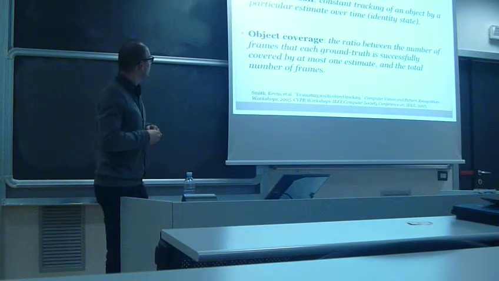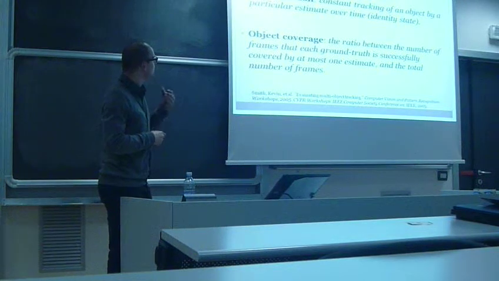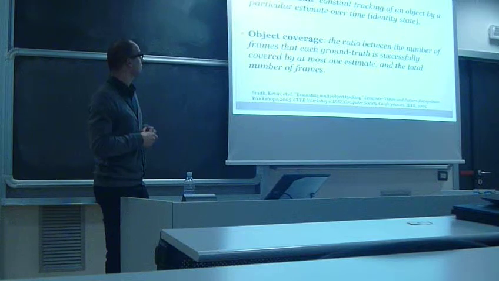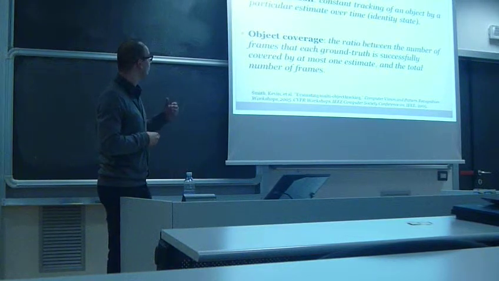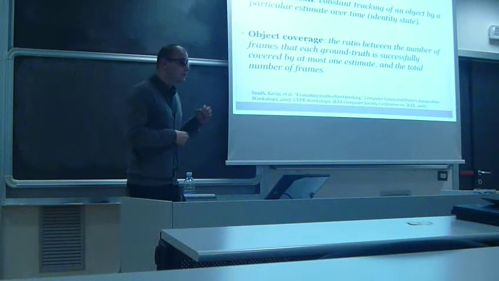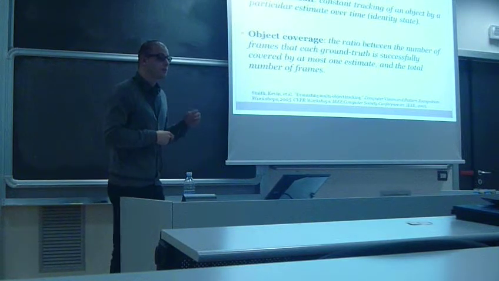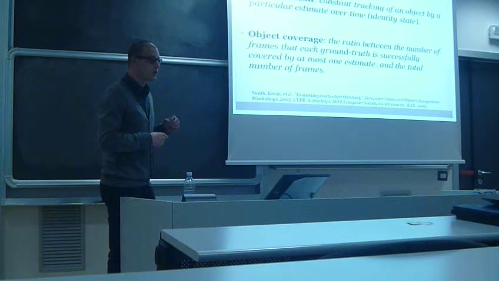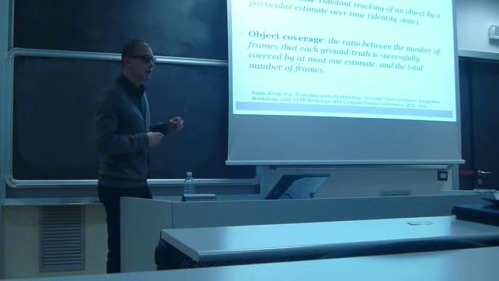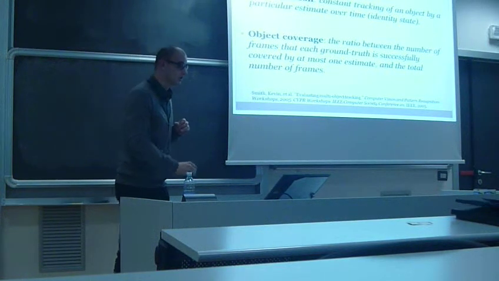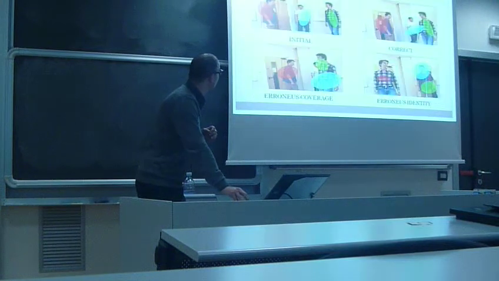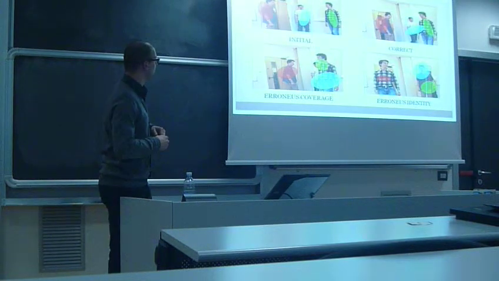On the other hand, we use another metric, the object coverage accuracy, which is the ratio between the number of frames in which each ground truth is successfully covered by at most 1 estimate and the total number of frames. An object is successfully covered when the central point of one estimation is inside the annotated rectangular box of the associated ground truth.